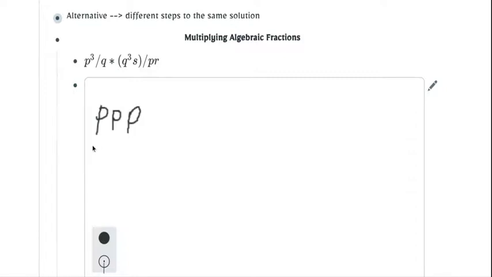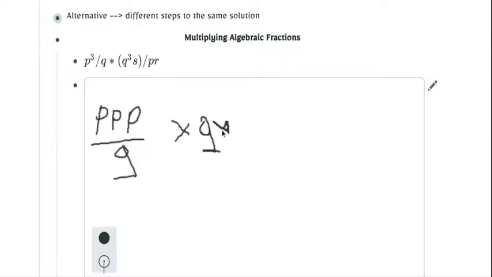Then we have all that divided by Q, correct? But look at what's happening. We have a multiplication sign, so we have now Q to the cube power. What will we state here? Right, so we'd say Q times what?